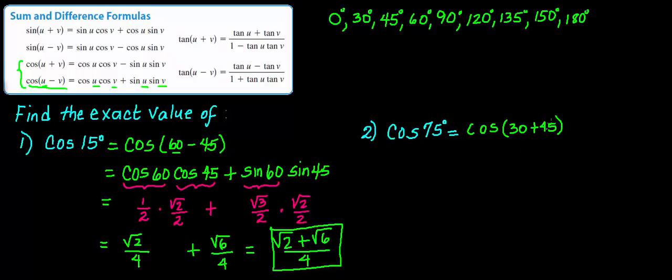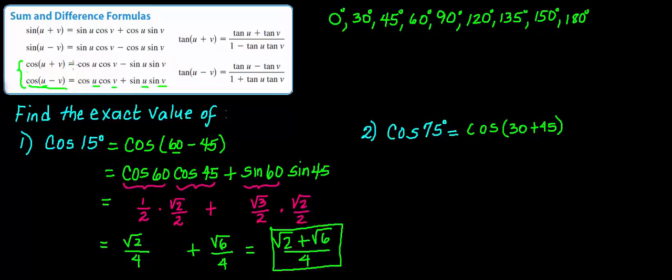Okay, so notice that now I split up this number into a sum. As before, I split the number given into a subtraction. So you decide if you're going to split it as a subtraction or as a sum. Okay, so as a sum, that means I need to use this rule here that says cosine of u plus v. That means I'm adding two numbers that will give me the value that I need originally. So let's see what the rule says.